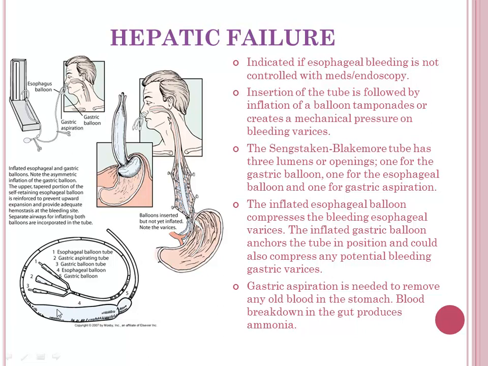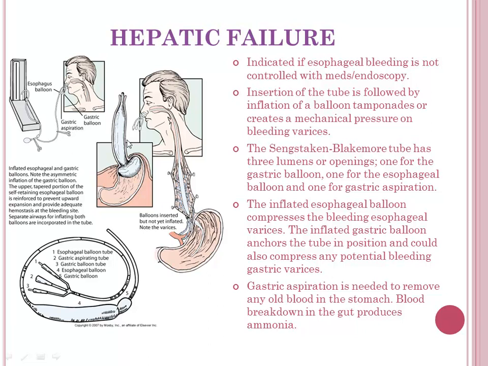You have this big balloon which will become inflated from one of the ports, and it again is just like applying a tourniquet to these esophageal varices that are bleeding. Then you have another balloon that will go into the stomach through that sphincter there, and when that balloon is inflated, it acts as an anchor so that the esophageal balloon will stay put, stay where it's supposed to.